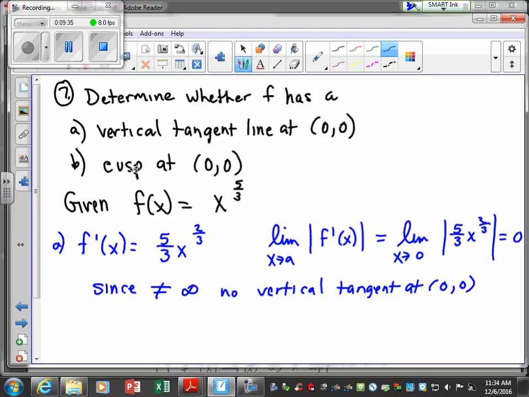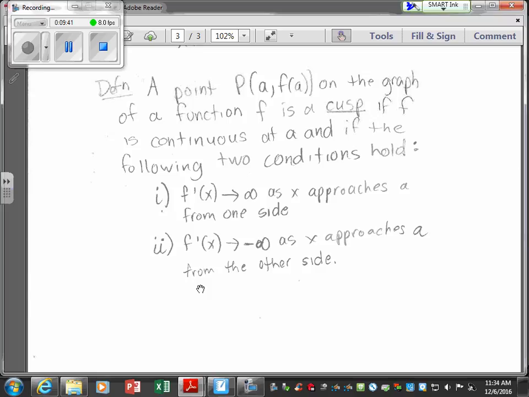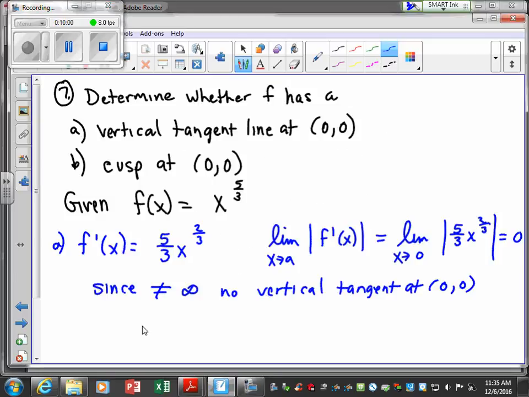Alright, for part B, we want to look at the cusp situation. So we come back over here and remind ourselves. We want to look at the first derivative as x approaches a from one side, and then also as it approaches from the other side. And if we get one to be positive infinity and one to be negative infinity, then we know that we'll have a cusp. But in our particular case, when we look at our derivative, what about f prime?